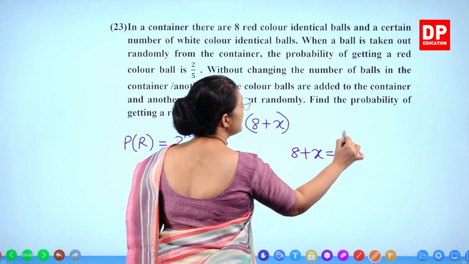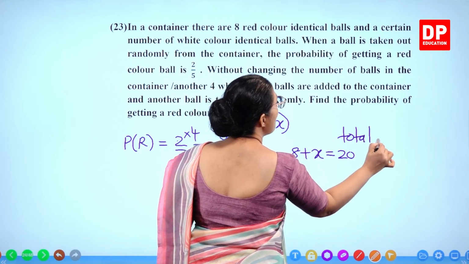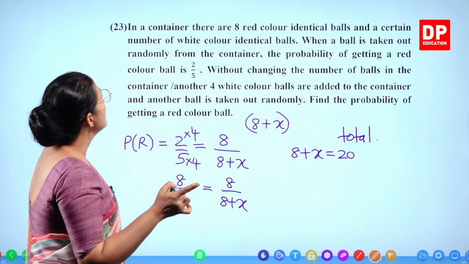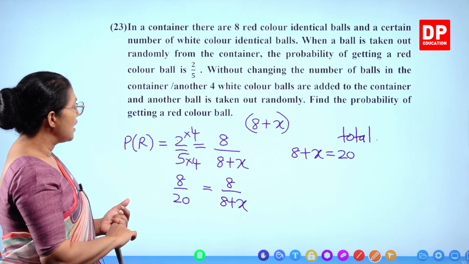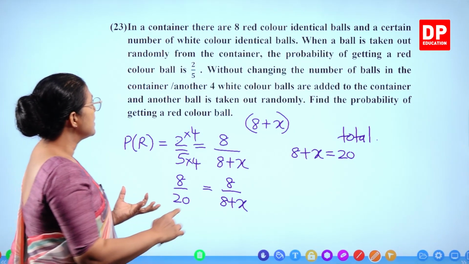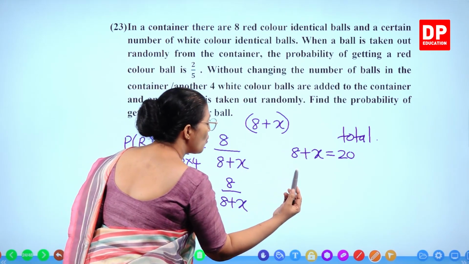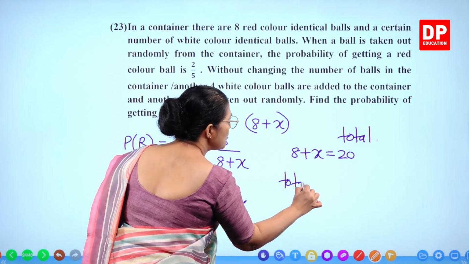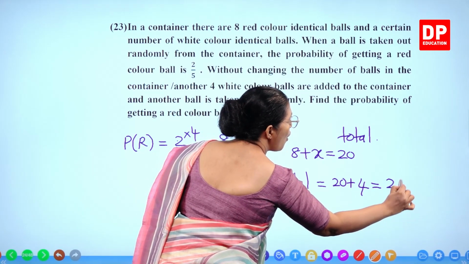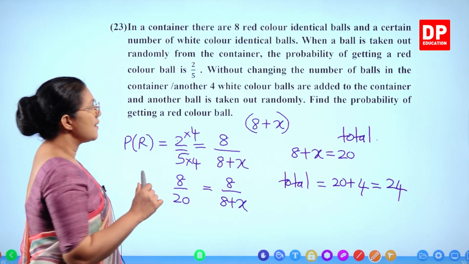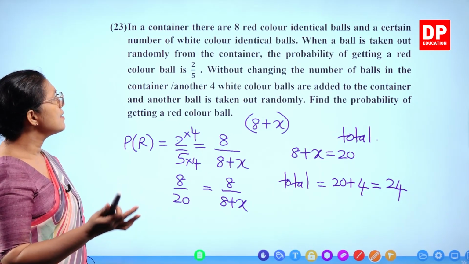That means the total number of identical balls was 20 in the container before. Now 4 balls are added, white balls. So what is the total now? Total becomes 20 plus 4, 24. Altogether 24 balls are there, but 8 are still the same.